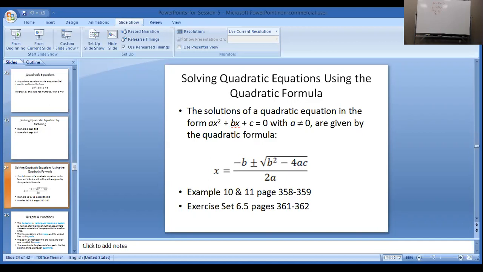So x is either 1/2 or minus 5. That's the answer. Instead of trying all that trial and error, you've got to memorize this formula. I think this quadratic formula helps a lot.